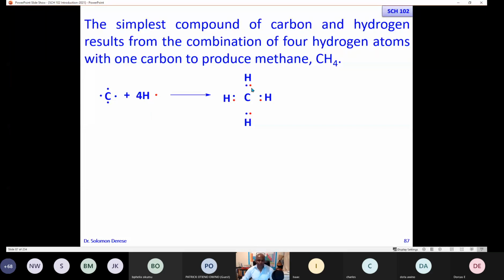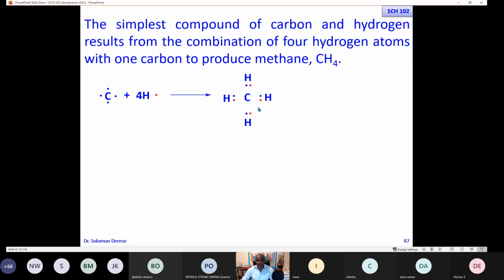Okay, so when this molecule is formed, the 4 electrons shown in blue are from carbon, and the ones shown in red are from hydrogen.